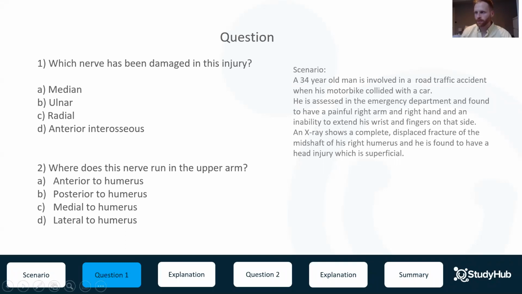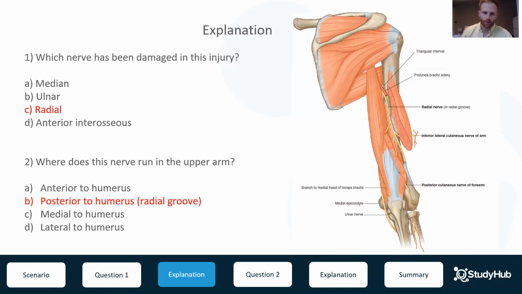We'll move on to the explanations of this one. So the majority of you were right with the first one, which is the radial nerve. Now, the radial nerve comes from the roots of C5 to T1 of the brachial plexus and is part of the posterior cord as well. Now, it runs posterior to the humerus in the radial groove, which is why it is at risk when you fracture the midshaft of your humerus.